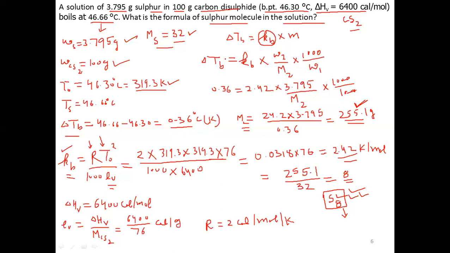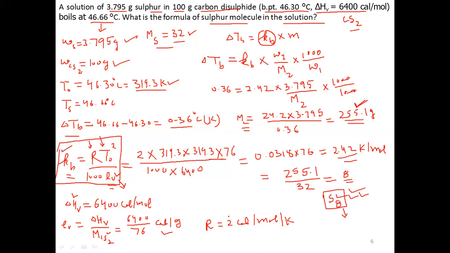So the trick was to calculate the value of Kb. For that you need to remember this expression: Kb is equal to R T naught square divided by 1000 Lv, where Lv is latent heat per gram. Please remember it is heat of vaporization per gram. Delta Hv is molar heat of vaporization. So to calculate Lv from delta Hv, we just need to divide it by the molecular weight of the solvent.